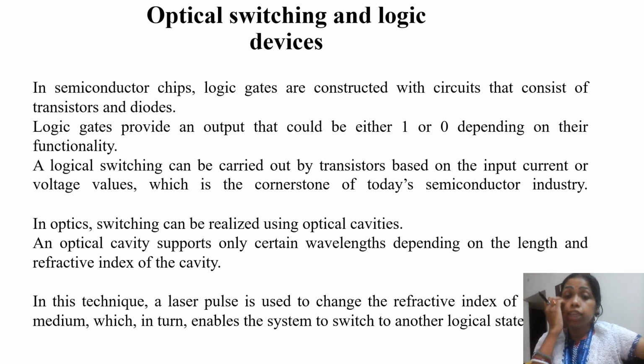And the logic device. Logic device means the device which you are using, so the device is known as a logic device. Normally, in the case of the electronic concept or photonic concept, we normally convert everything into digital form, right? So in electrical concepts also, nowadays we are using digital integrated circuits, everything.